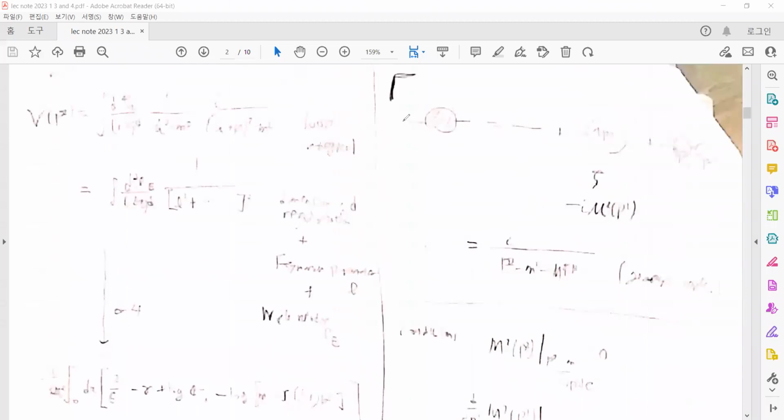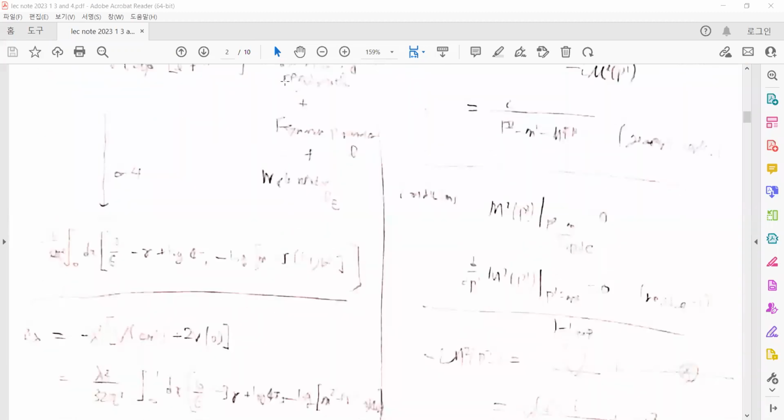The second example is the two-point correlation function. The tree level is just the propagator, and the one loop level can be represented as the 1PI diagram, and there are also counter terms that will be added. As in the geometric series of the 1PIs, the 1PI actions will appear in the denominator of the propagator.